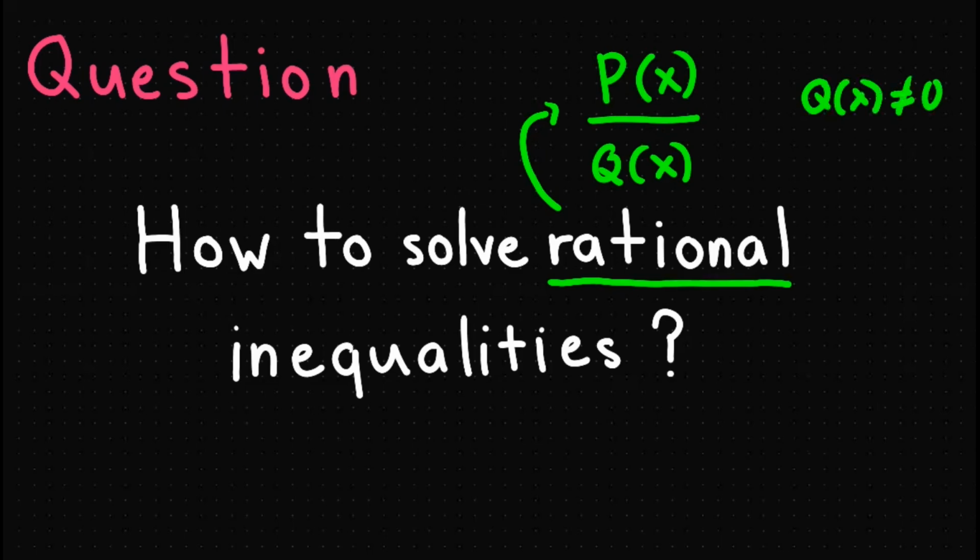So it's like a polynomial over a polynomial. Those are our rational expressions. For instance, we can have x minus 2 over x plus 1, since x minus 2 and x plus 1 are polynomials. So we'll be tackling these types of inequalities.